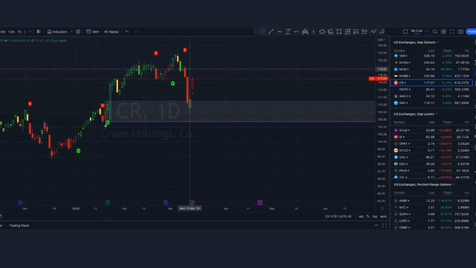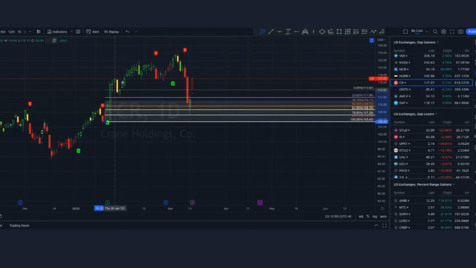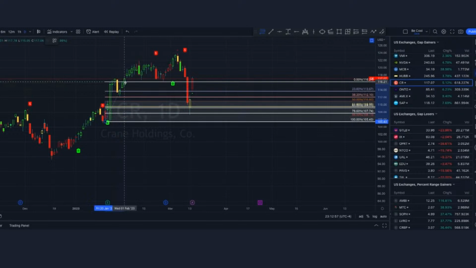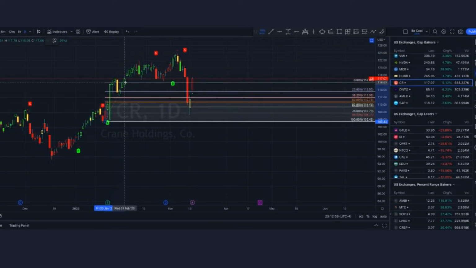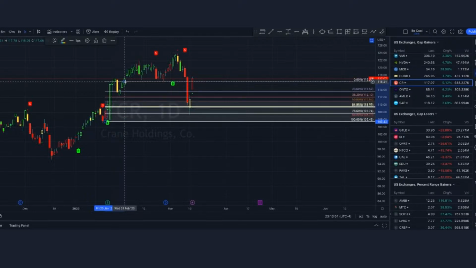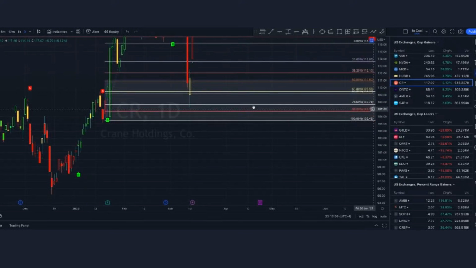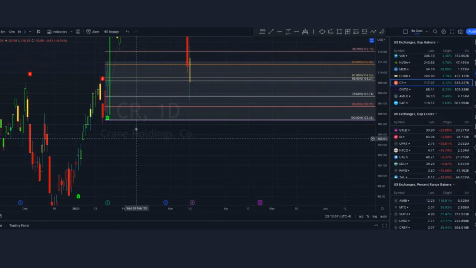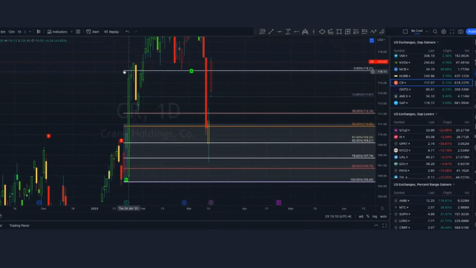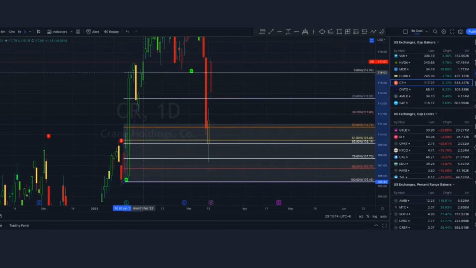Now, when I'm doing this, what I'm paying attention to, okay, cool, look at it: fib on the impulse candle, or the candle that really caused all the disturbance in price.